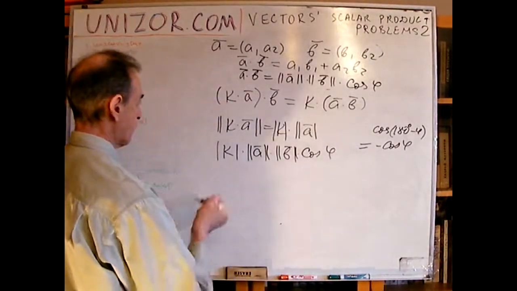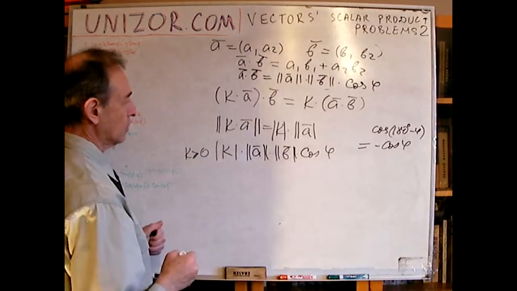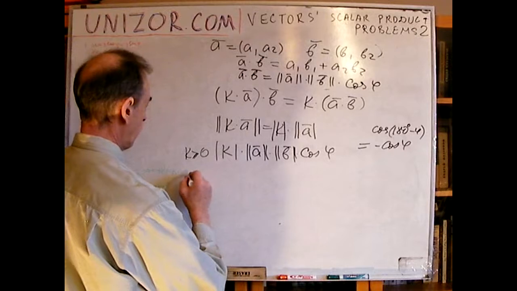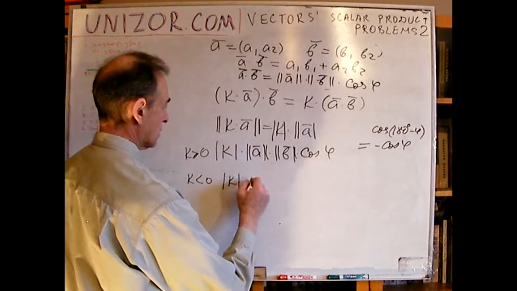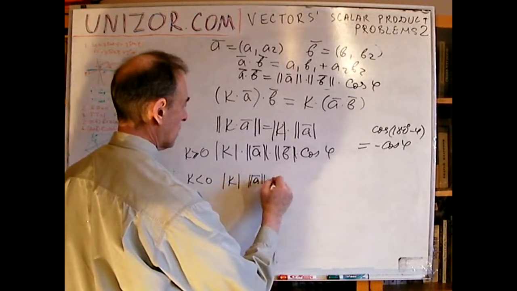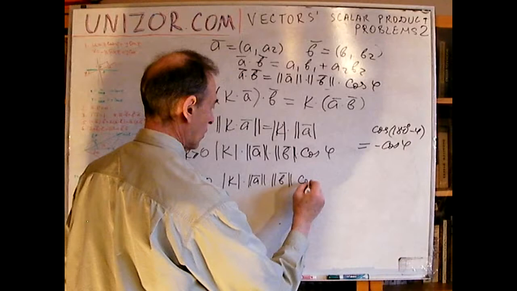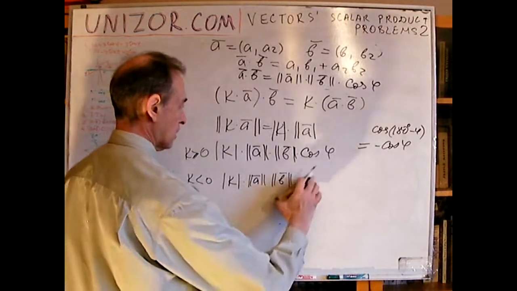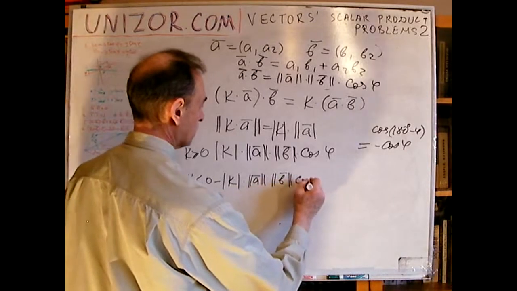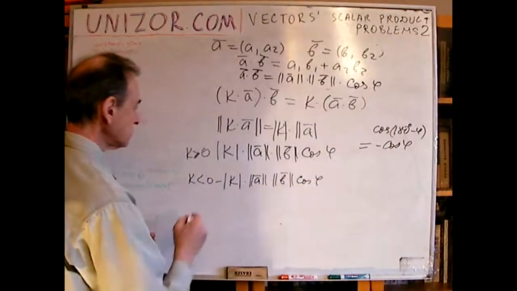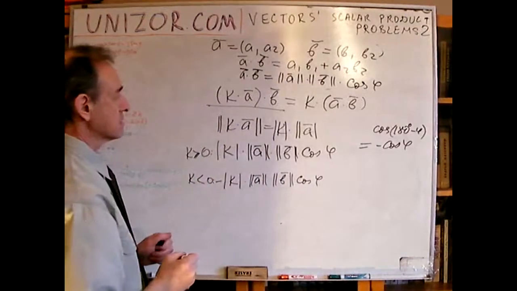This is for k greater or equal to 0. And for k less than 0, I have the same thing, and for the cosine, I can actually immediately write minus here and cosine of phi here. So that's what this part is.